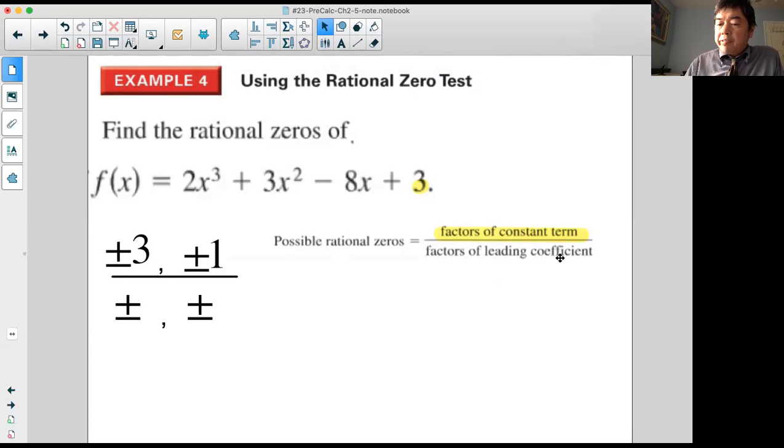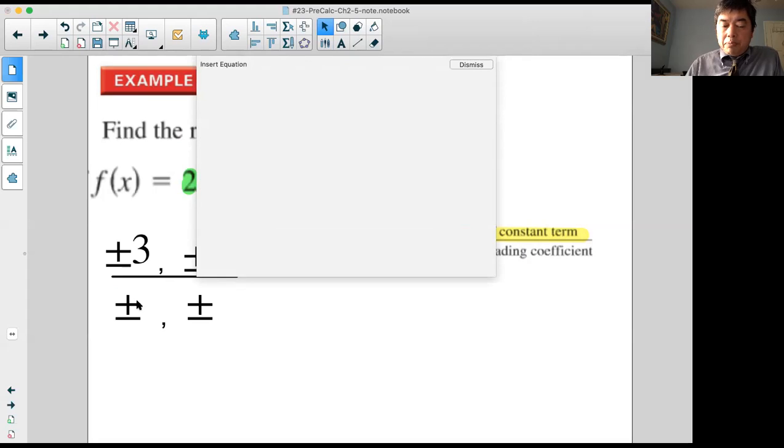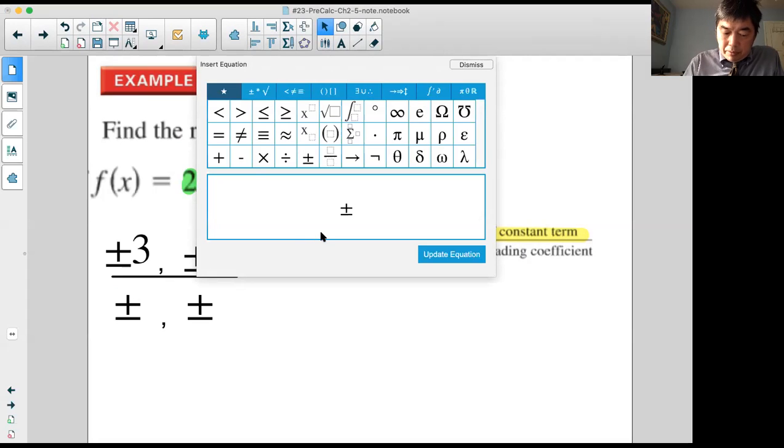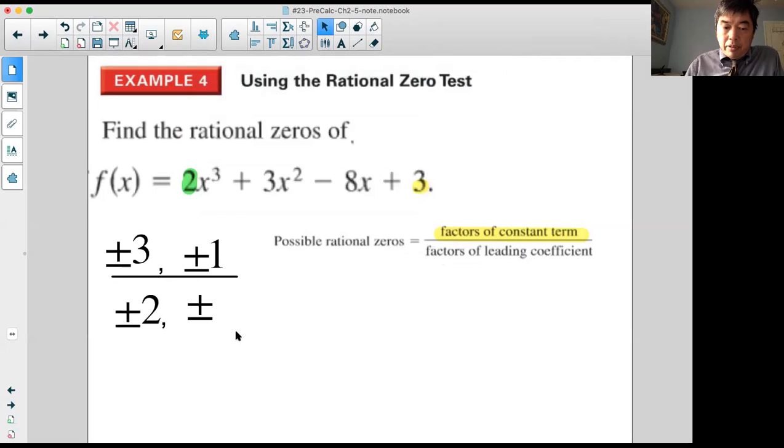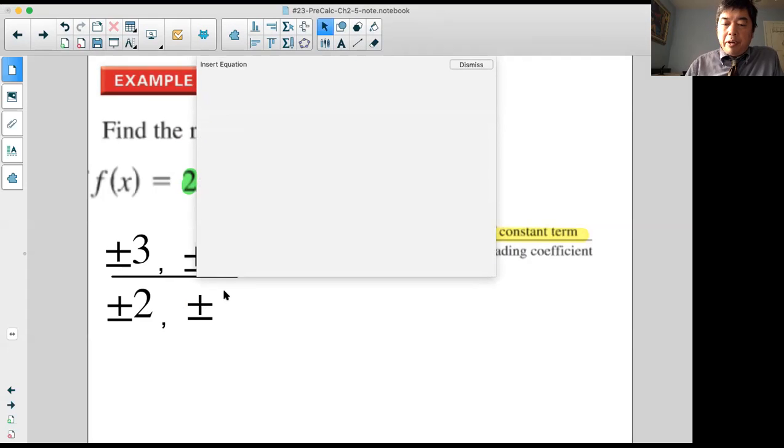Okay, factors of the leading coefficient, including 1. So the leading coefficient is 2, but its factors, including 1, are going to be 2 here. And I'm not adding or subtracting a denominator, it's just a possibility. That's why there's a comma in between and 1 here.